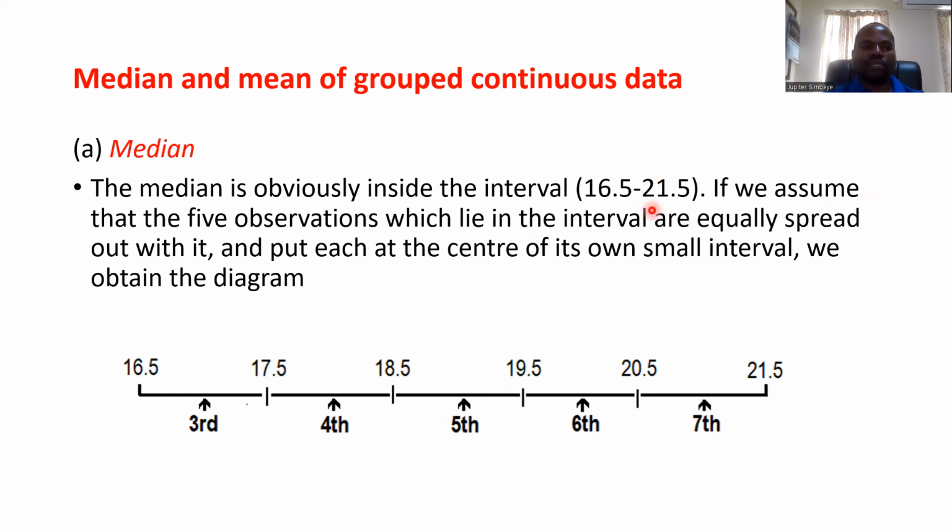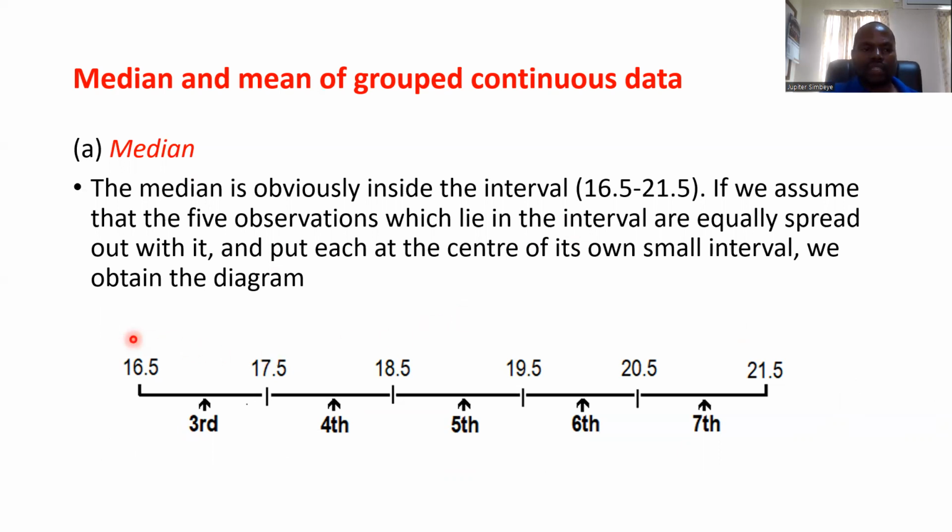Now, if we assume that the 5 observations which lie in this interval are equally spread out, and put each at the center of its own small interval, we obtain this diagram. So we think, maybe these observations are spread equally.